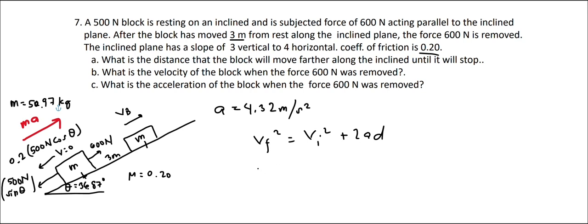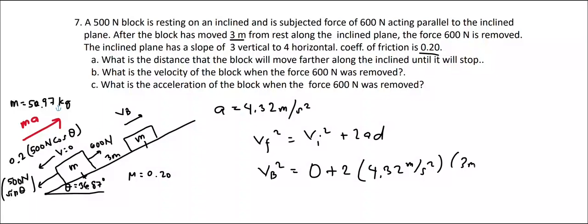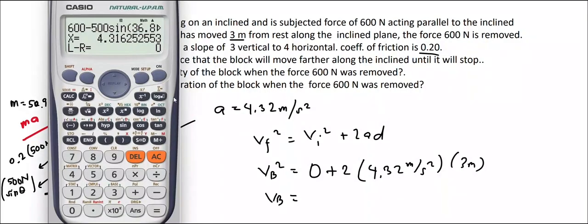We can solve for v sub b squared equal to the initial velocity of 0 plus twice the acceleration of 4.32 meters per second squared times the distance of 3 meters. We can solve for the velocity equal to the square root of 2 times 4.32 times 3. That is equal to 5.09 meters per second.